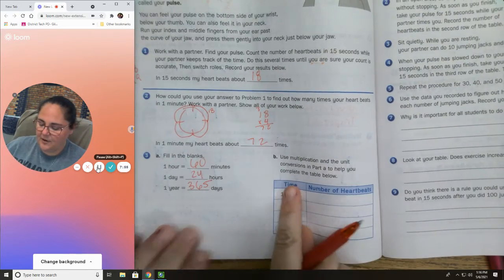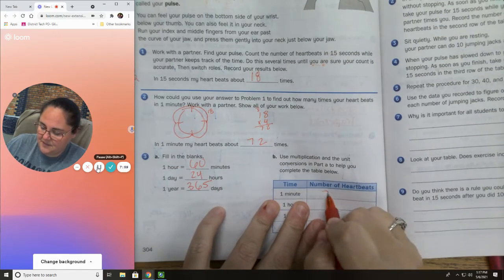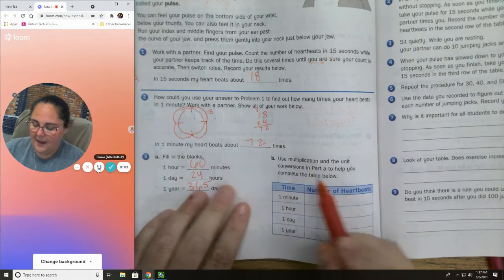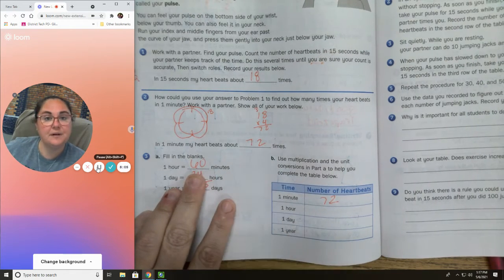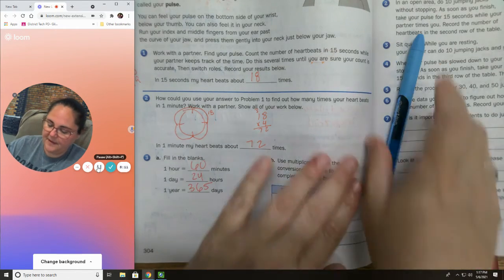So now let's think about our number of heartbeats. If it's 72 times per 1 minute, we already figured that out. How many times is that per hour? What is 72 times 60? All right, here we go.